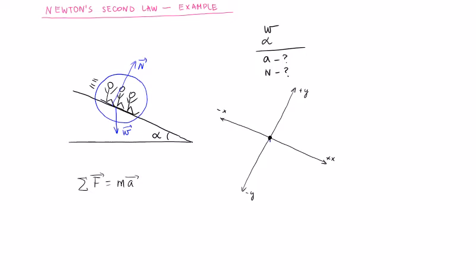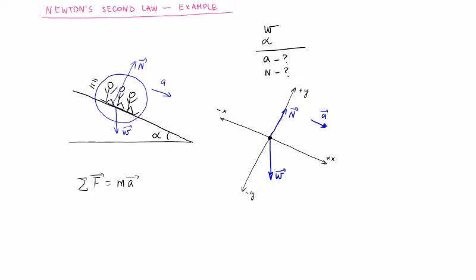The weight is always perpendicular downwards. And the normal force is perpendicular to the surface, therefore perpendicular to the x-axis. So it has to be right here. So the normal force. And then the system is accelerating downwards. In a free body diagram, we always draw this to make sure that the direction of acceleration is known when you write your Newton's second law.